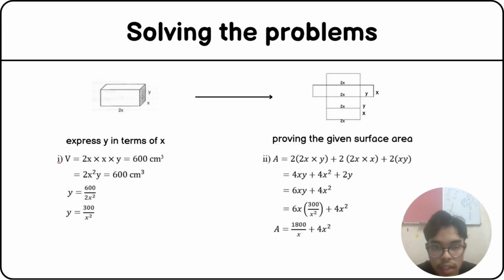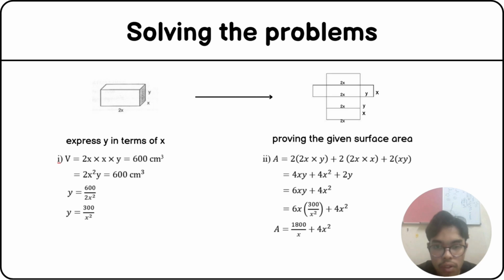Now for proving the given surface area, which is 1800 over x plus 4x squared. The question is that we need to prove the answer, so we need to show how to get the answer. Okay, so let's go to the calculation.